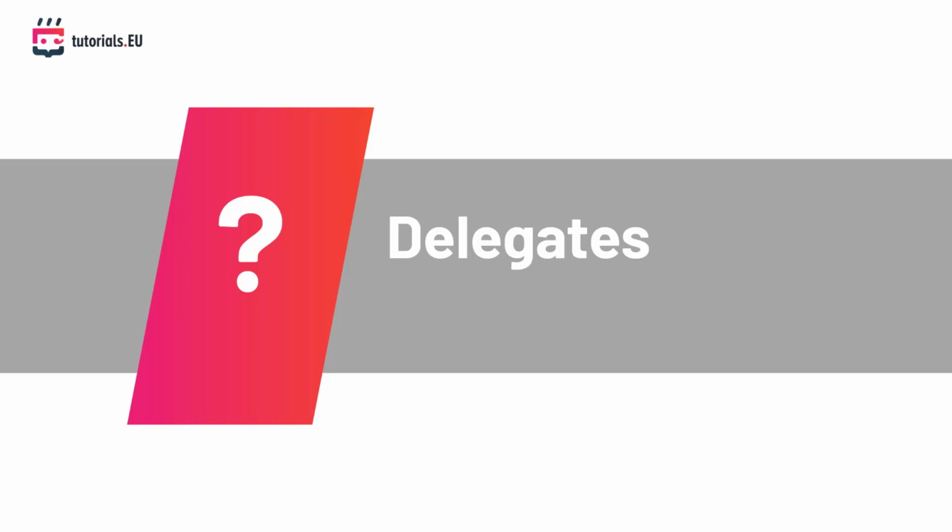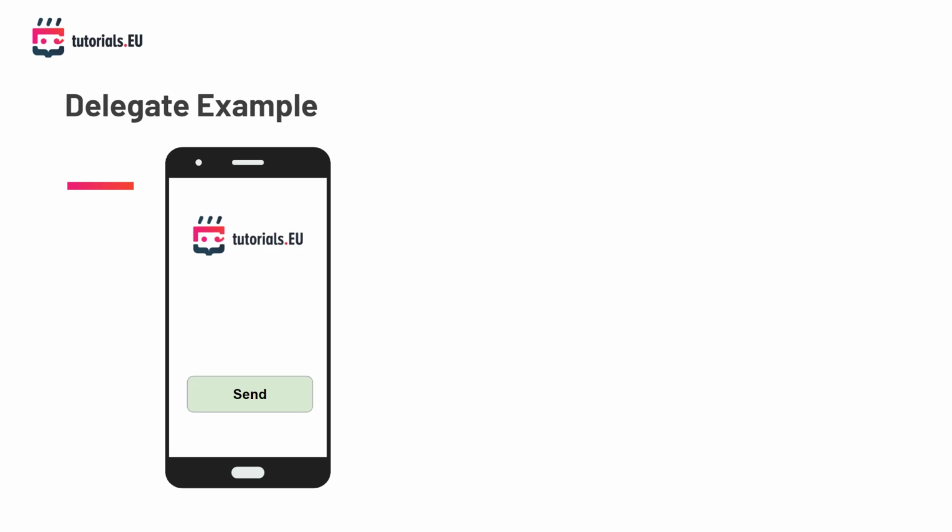Now we're ready to understand how click events actually work. So imagine we're developing a UI library that other developers can use to build mobile apps. And one of the UI elements that other developers can use, for example drag and drop, is a button.